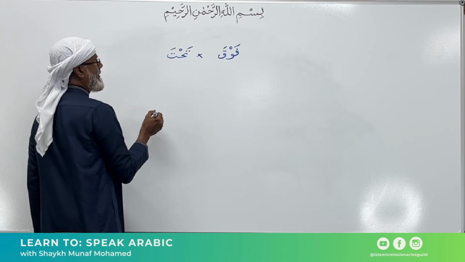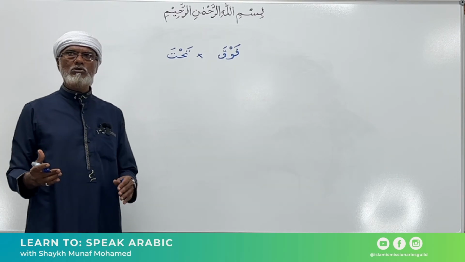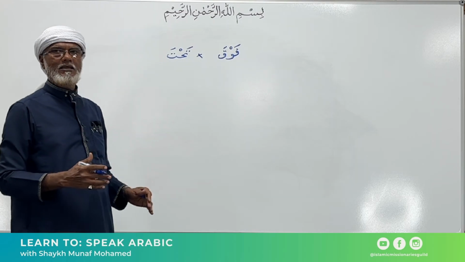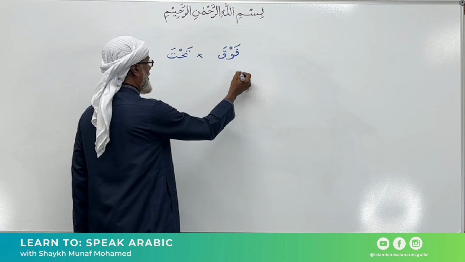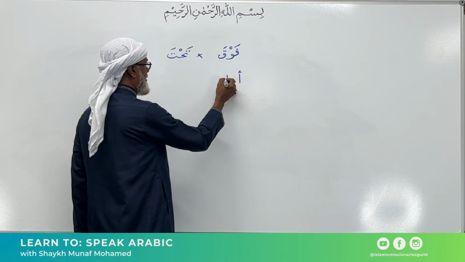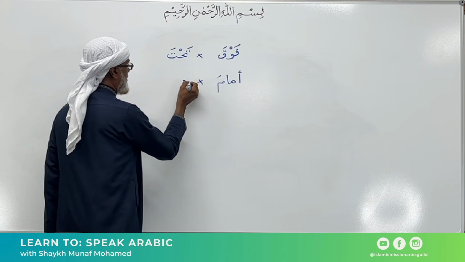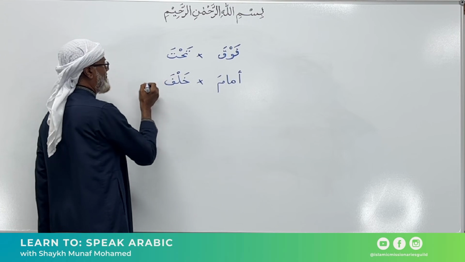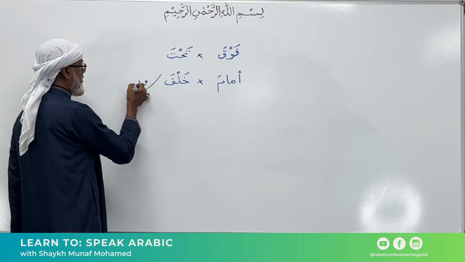Tahta. So I'm writing the words next to each other so that you could memorize them like this. Fawq and taht. And then you have amama, and you have khalfa, or wara'a.